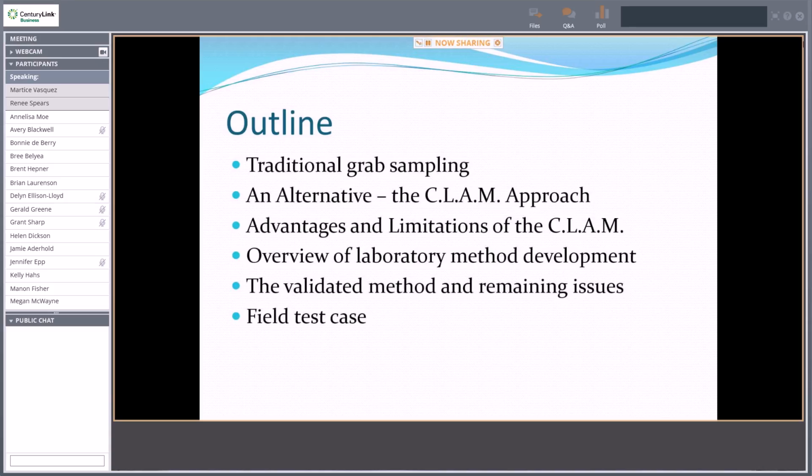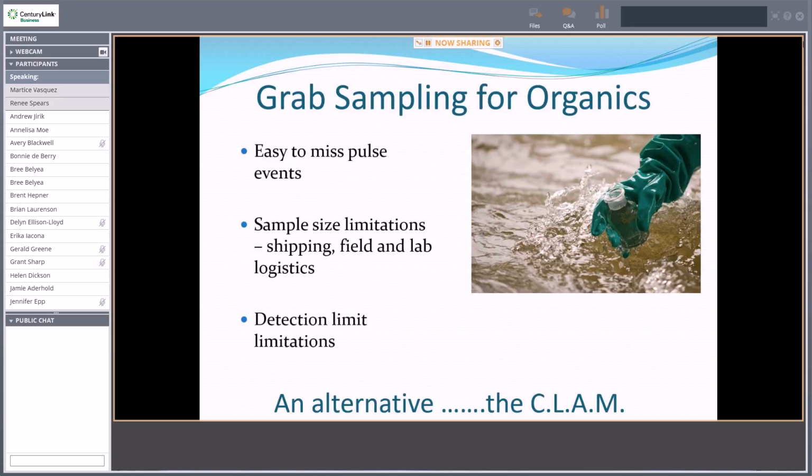We'll talk about some of the advantages and limitations of using the CLAM approach, and then we'll get into the laboratory method development that we did, and I'll show you some of the validation data we generated, and briefly talk about some of the remaining issues that we didn't quite resolve, but could be resolved in the future. And then finally, I'll finish with talking about DPR's work. They did some field test cases using the CLAM sampler that ultimately used the validated method that the laboratory developed for them. So with that, we'll get into it.